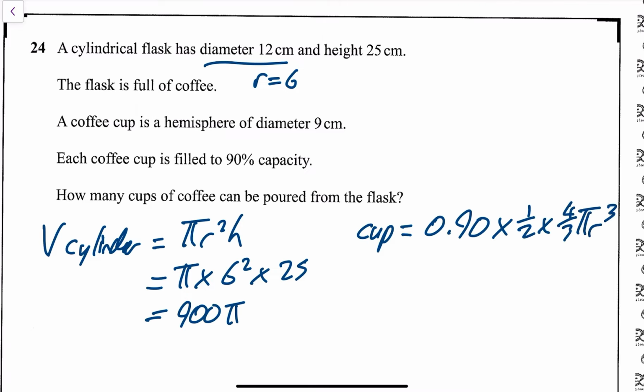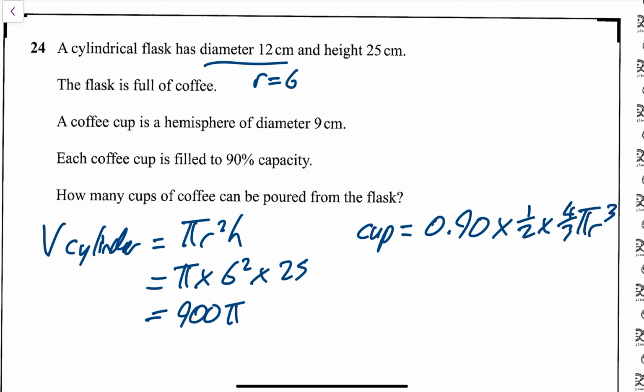So that's 0.9 times a half times 4 over 3 pi times, and the diameter is 9, so the radius is 4.5. You've got that formula for the sphere at the front of your exam paper, so that's where that's coming from.